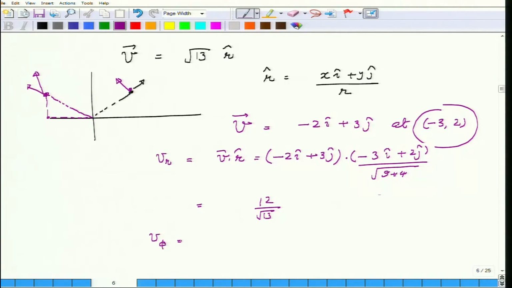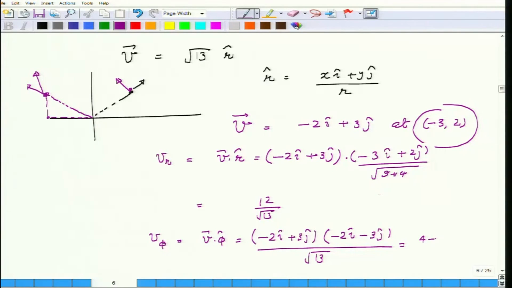V phi is going to be V dot phi, which is minus 2i plus 3j times phi unit vector, which is minus yi plus xj, that is minus 2i minus 3j, divided by square root of 13. So this is going to be equal to 4 minus 9, which is minus 5 over root 13.